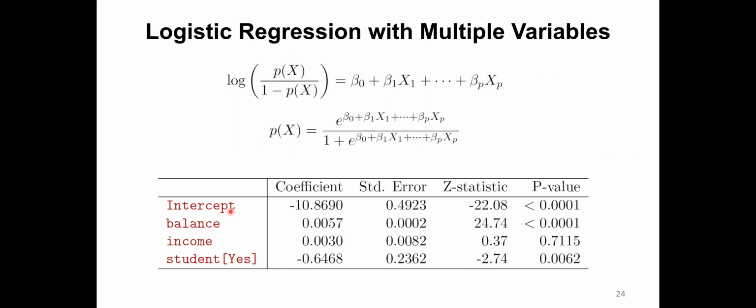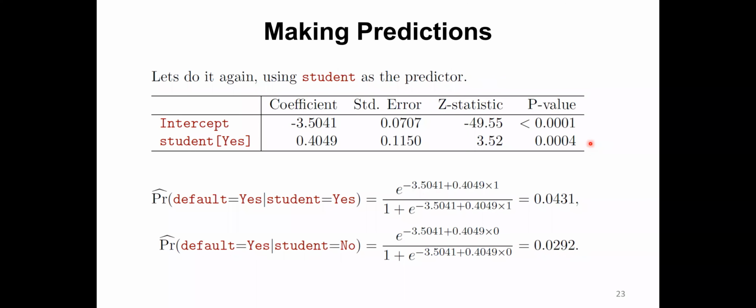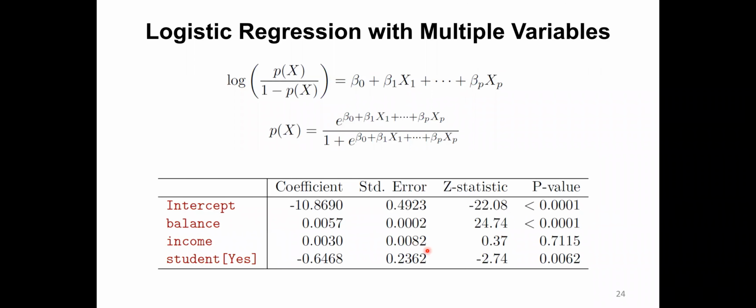Suppose we have beta 0, beta 1, beta 2, beta 3. We use 3 predictors: balance, income, and student, whether yes or no. This is 0 and 1. If we go back to the previous slide, student yes is 1, student no is 0. So for this predictor, the value is only 0 or 1.